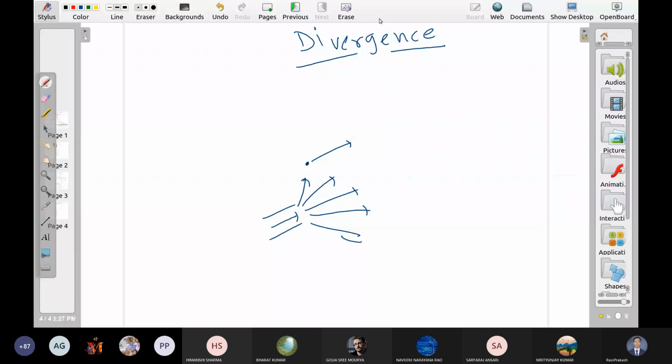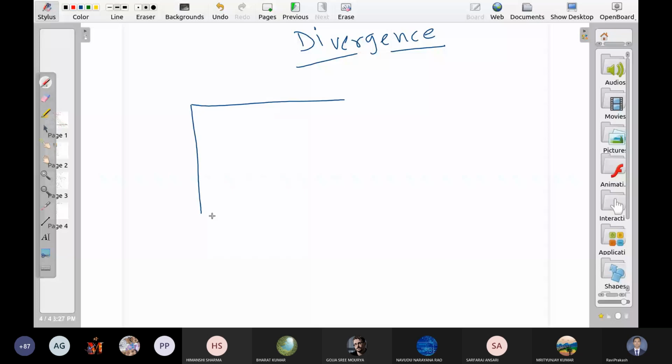So it calculates how much is diverging out. Let us consider some physical example of this. Let us say it is a garden, and there is a water tap here.